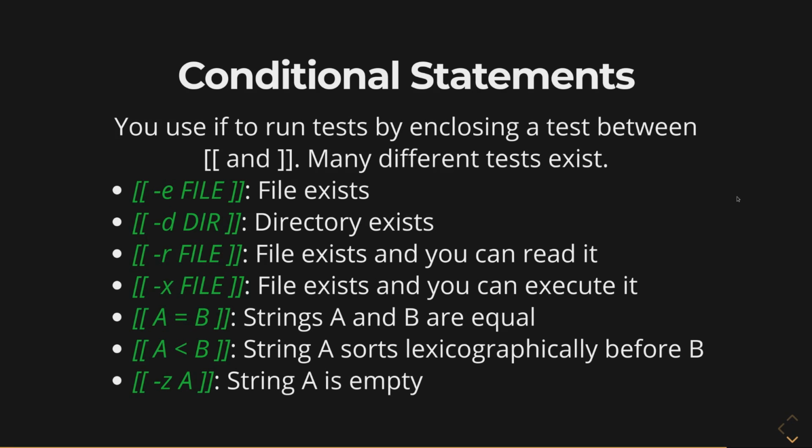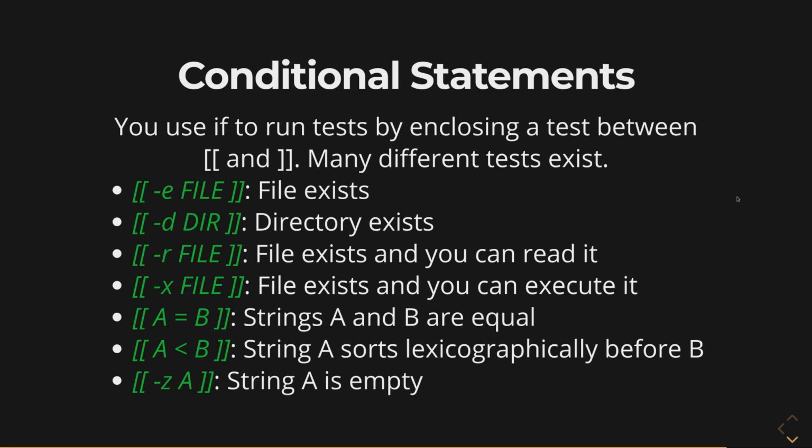Now, anyway, the tests we're looking at here are -e to see if a file exists, -d to see if a directory exists. You can see if a file is readable or executable, or you can check any other permission. You can check if two variables are equal as strings.